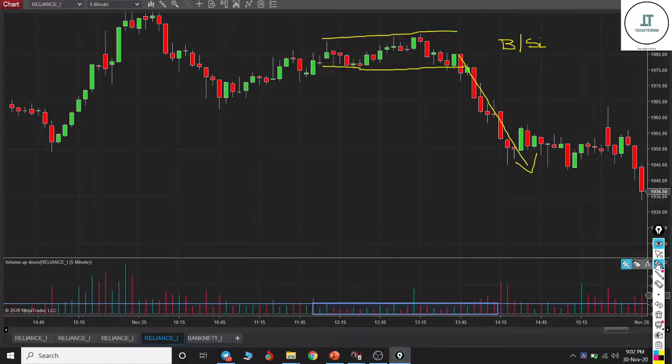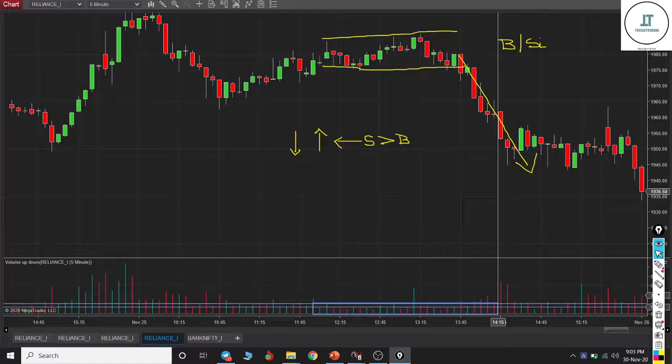What I have mentioned is, if price is falling down and volumes are increasing, this tells us that somewhere sellers are showing more interest than buyers. Now look at this. Let me remove this.